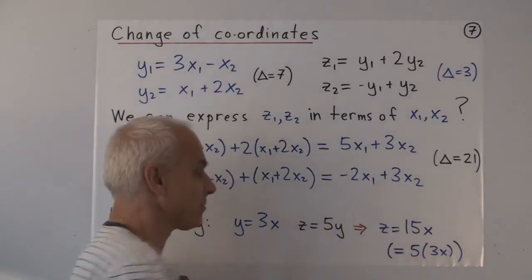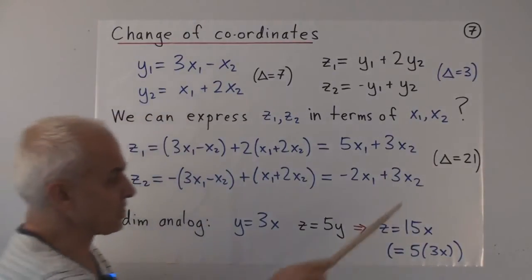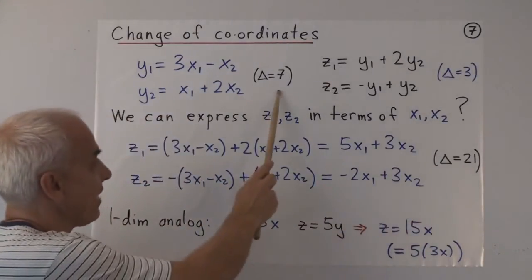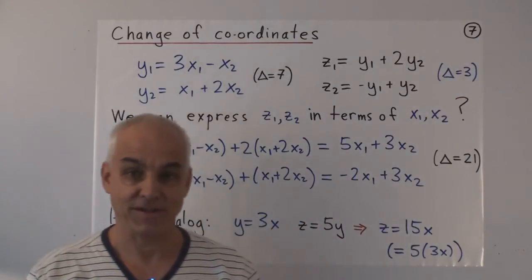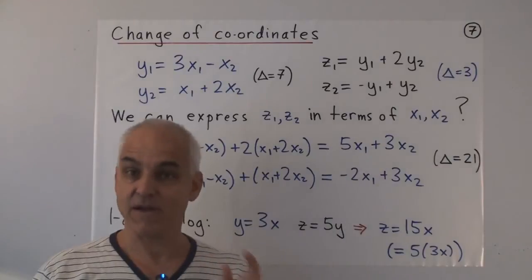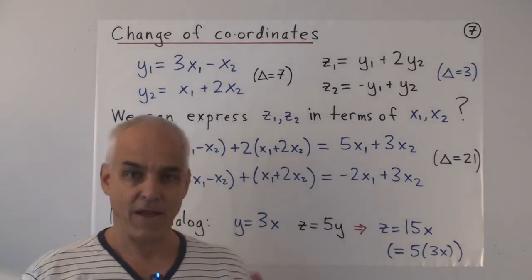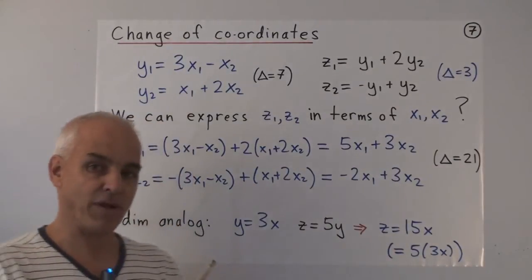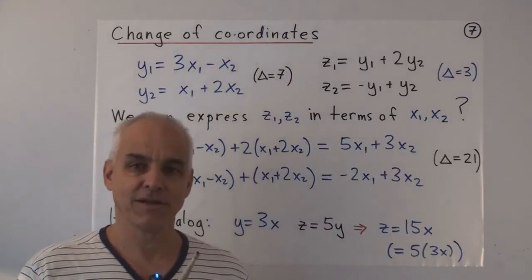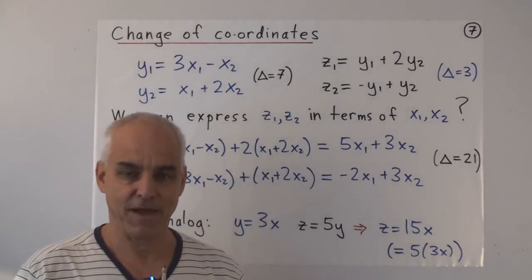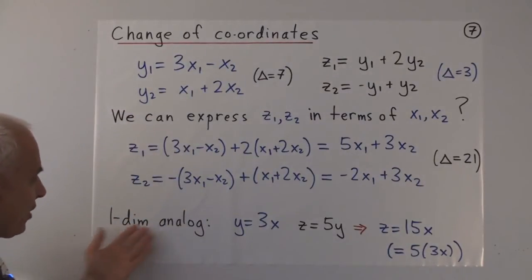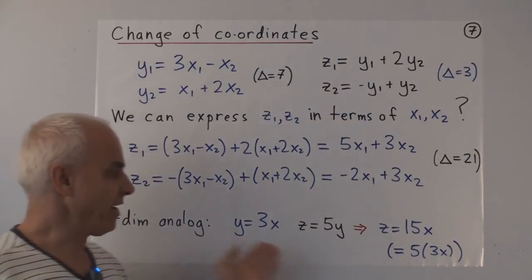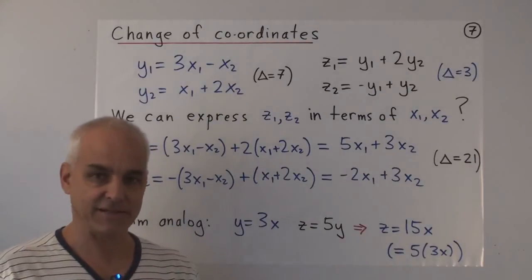That's 21. And what's the relationship between 21 and 7 and 3? Well, I think you all know what that is. And that's going to be a very general rule, that when we combine changes of coordinates, then determinants multiply. A very important fact.